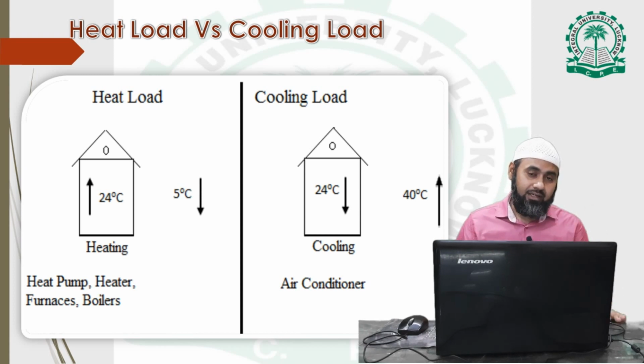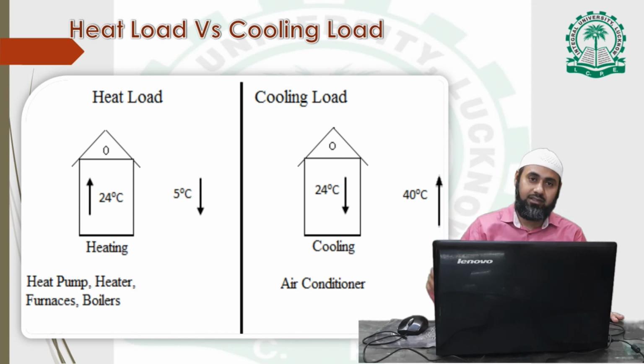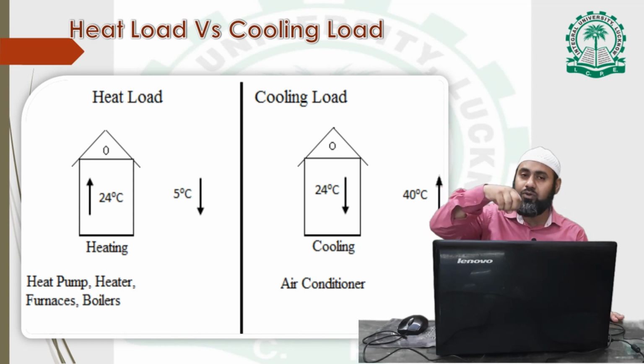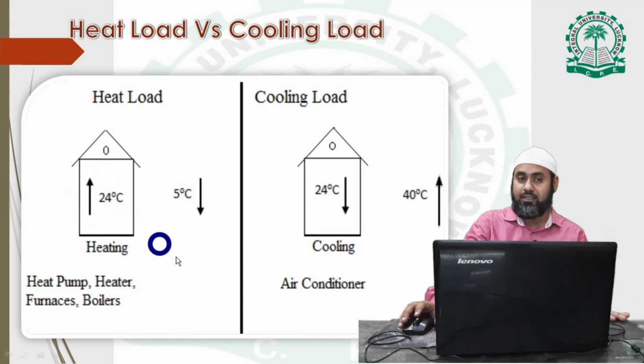Suppose a climate has an outdoor temperature of around 4 to 5 degrees Celsius. It means it's a very cold area, with chilling winter, and in that area we need to provide an air conditioning system. For comfort, if the outside temperature is 5 degrees, we need to maintain the indoor temperature around 24 degrees Celsius.